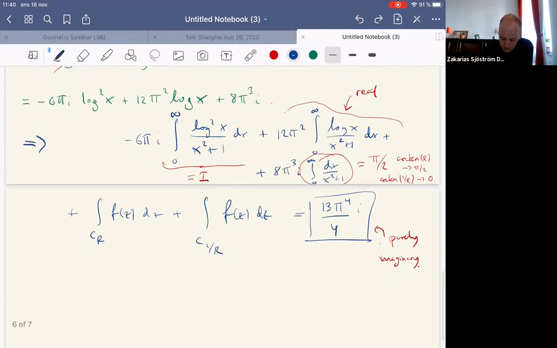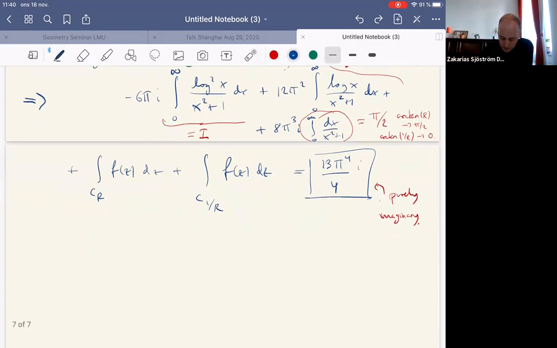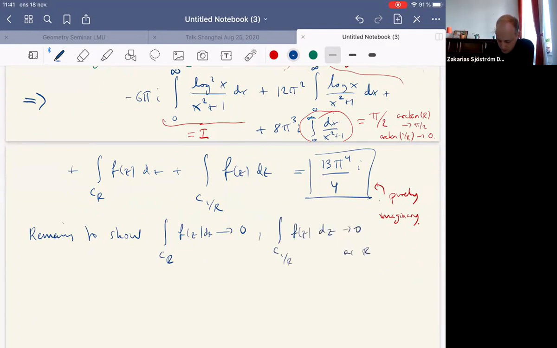If we could only show that, well, we could only control what happens on the big and the small circle. So what remains is that we will show that the integral along the large circle goes to 0, and the integral along the small circle goes to 0 as well, as r goes to plus infinity.